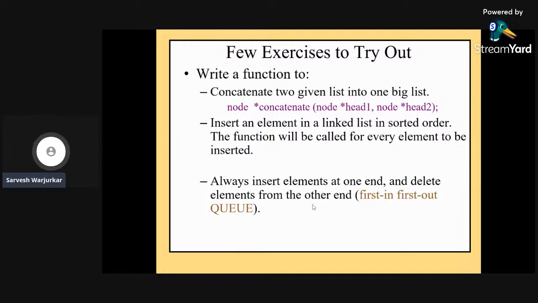Next is to insert an element in the linked list in a sorted order. That is a big question: how to insert the element in a sorted order? The function will be called for every element to be inserted.